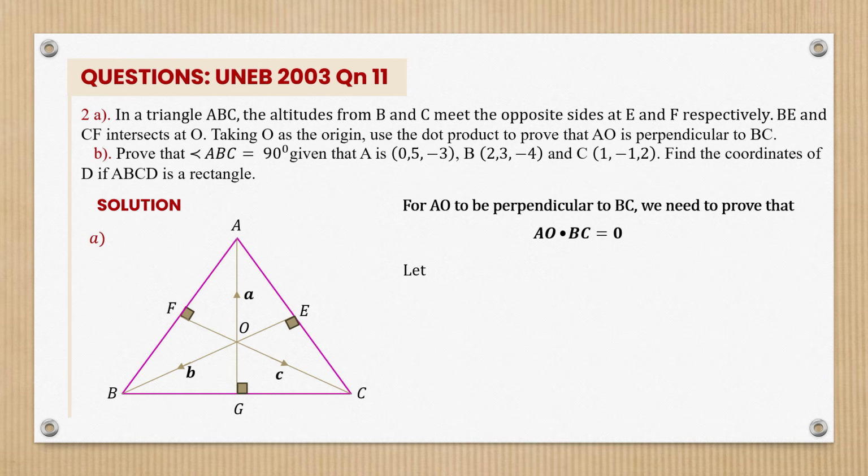Now we can see some facts that are true. OE and OB are on the same parallel line, so we can add a constant of proportionality: OE is equal to some constant times OB. We can do the same for OF and OC.